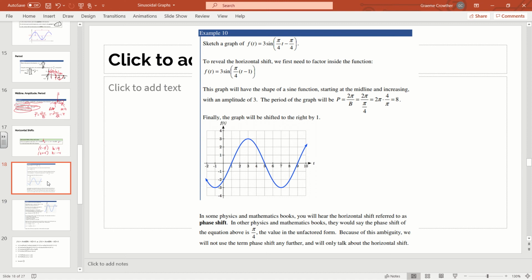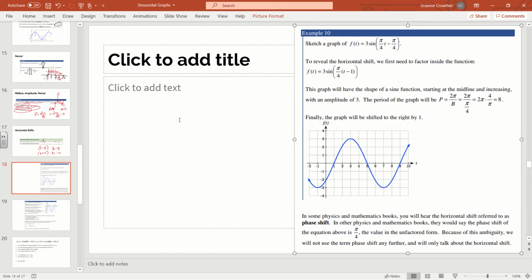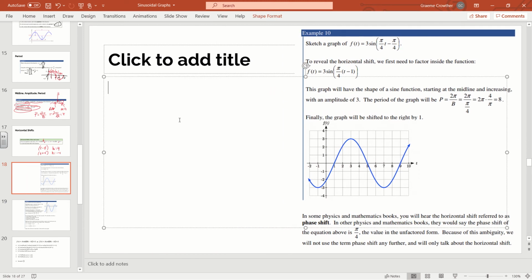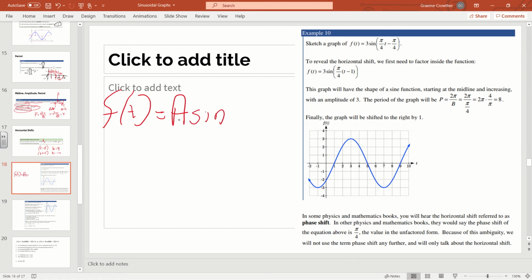So we want to sketch a graph of 3 times the sine of pi over 4t minus pi over 4. Well, in order to do that, I need to make sure that I am in the form, in this case it's sine, and I'll just use their variable t.